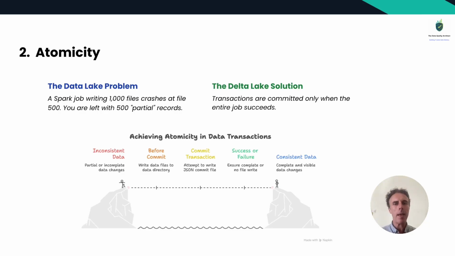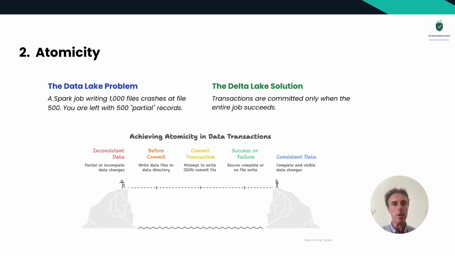So no matter how many files Spark writes to S3 or ADLS, they don't exist in the table until a JSON entry is added to the _delta_log folder that we talked about previously. This saves you from having to write complex cleanup scripts, for example, after every failed production run.